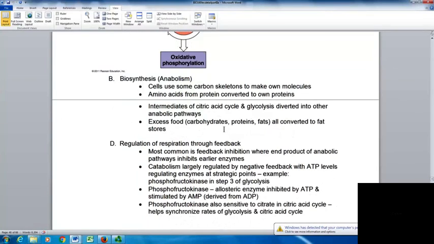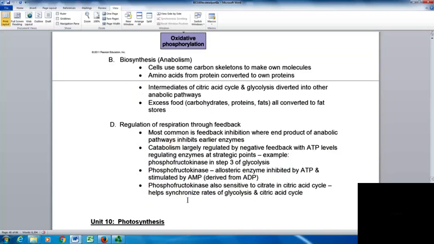So regulation of this is through feedback. The most common way is feedback inhibition, where you're going to have an end product of an anabolic pathway inhibit earlier enzymes to shut things down. I'm not too concerned about you knowing these specific examples here, but these are just a couple of examples where you can have ATP levels at strategic points.